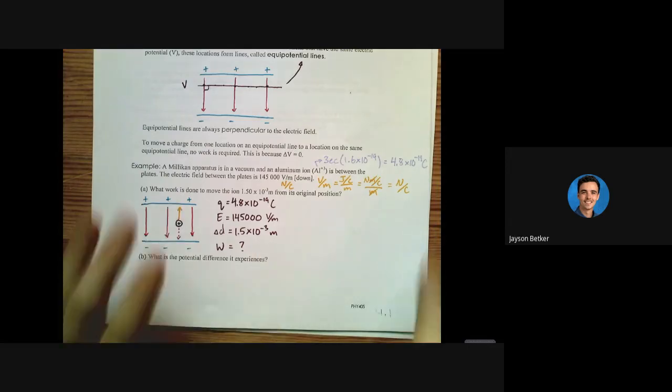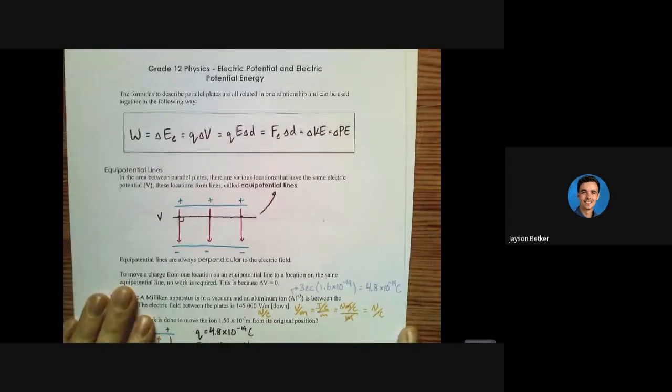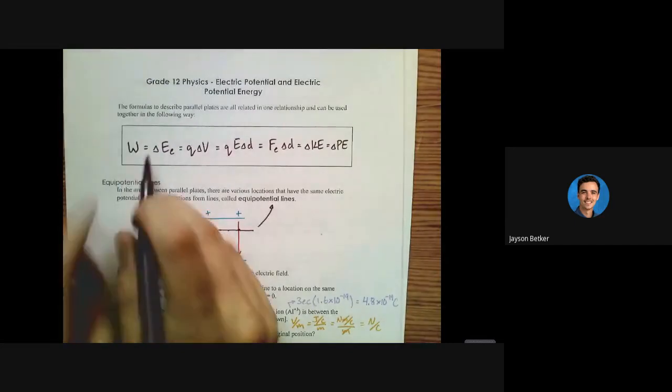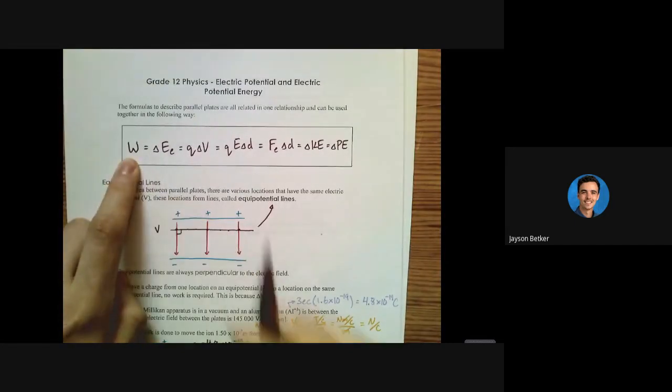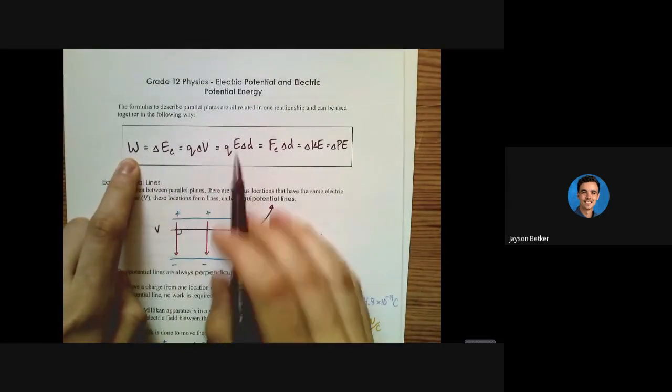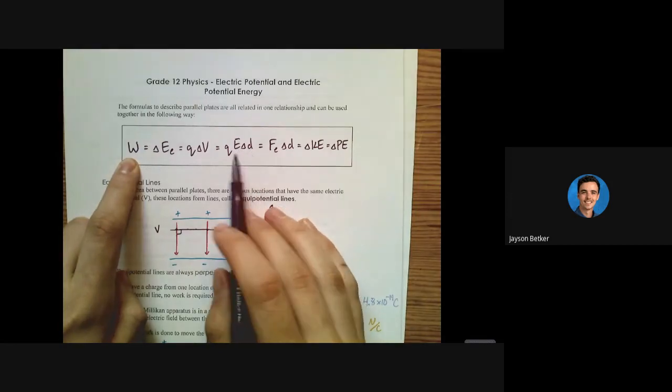So this is one of those scenarios where I have a whole bunch of stuff. I just go up here. I know that I'm trying to find W, so I know I'm using that one. I have Q, so I can use either of these two. I have E, and I have delta D, so I'm using these two. Very helpful.